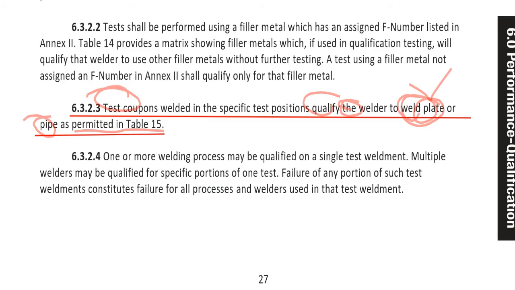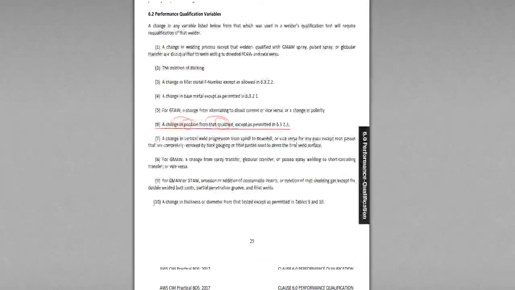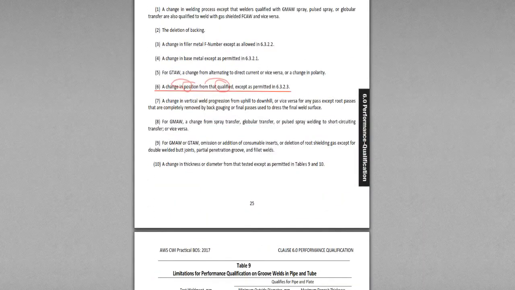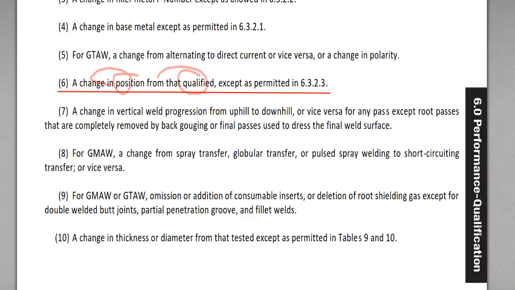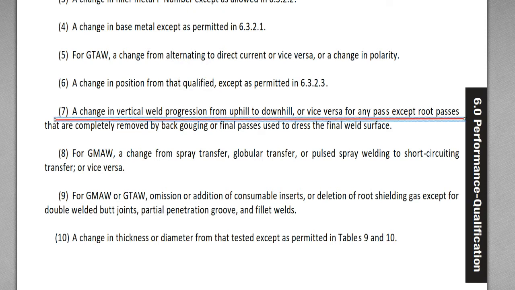Okay, let's go to number 7. Change in vertical weld progression from up to down or vice versa for any passes except root passes that are completely removed by back gouging or finer passes used to dress the weld surface.